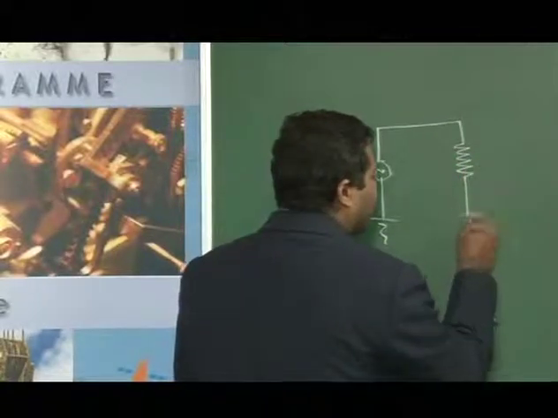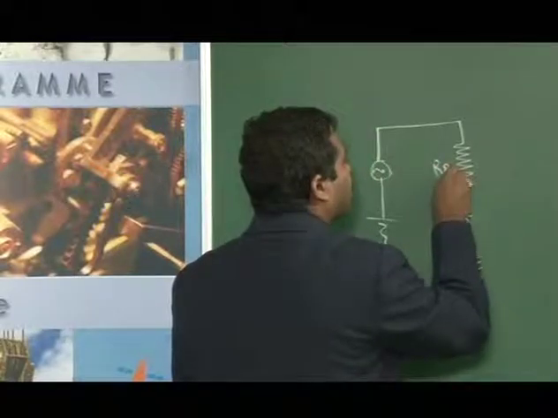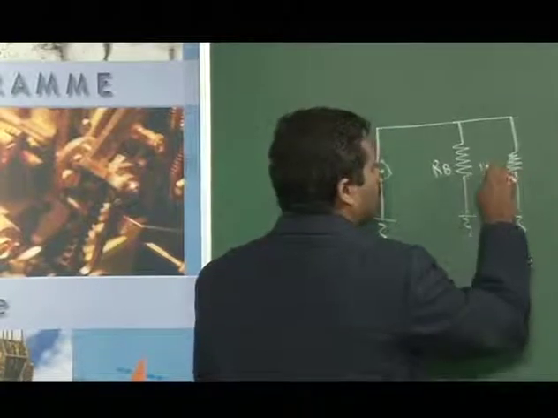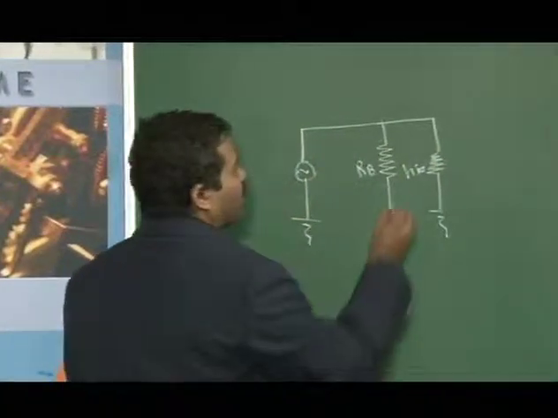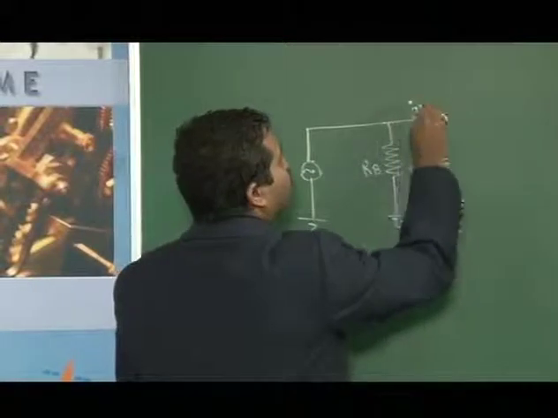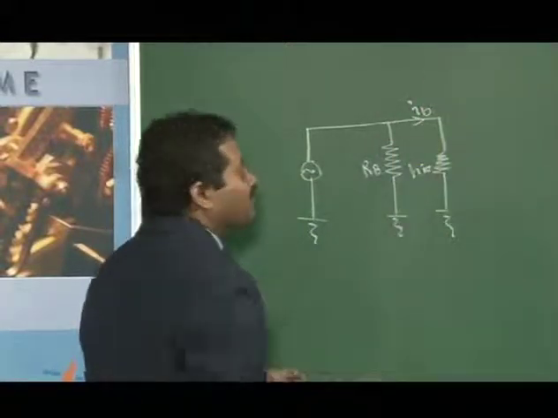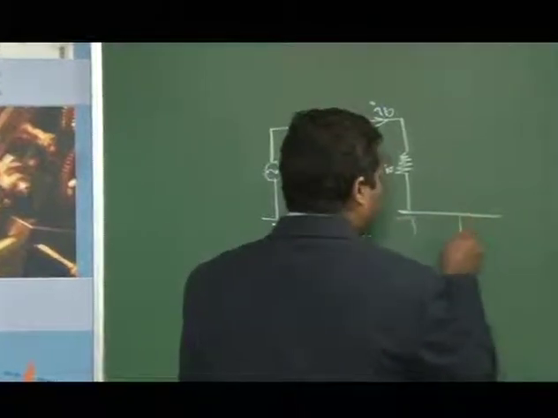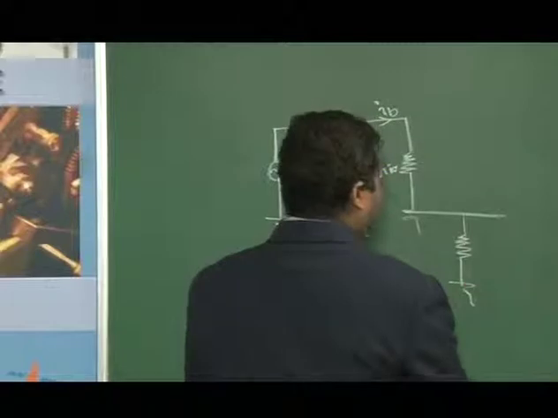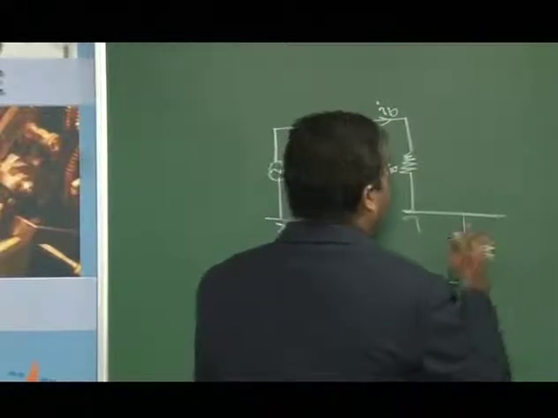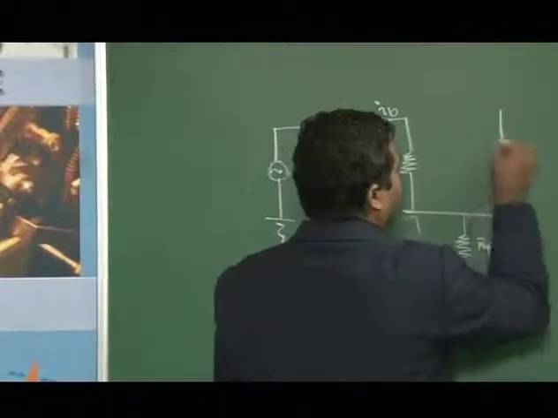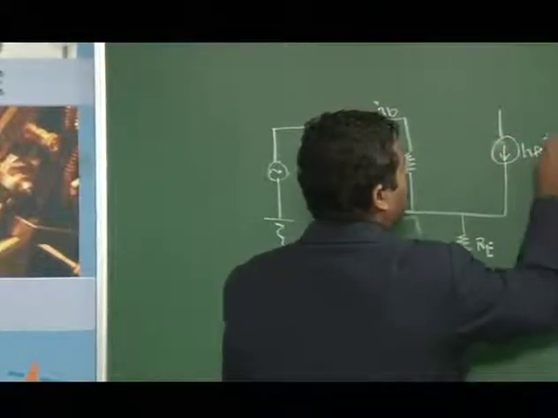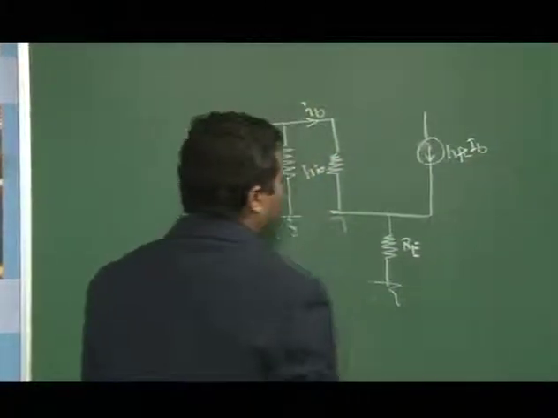In that case, RB will be connected to ground, HIE. So, this is the current IB which will be flowing into the transistor. Then we have RE, HFE IB.